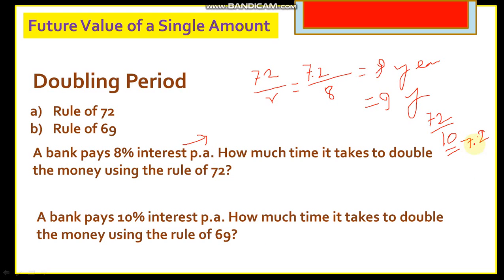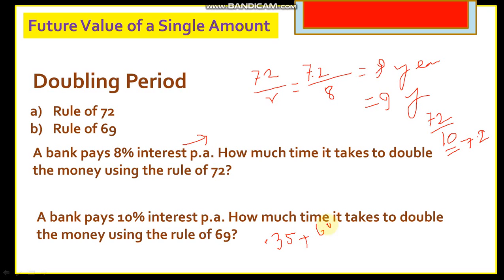So in the rule of 72, it says that it will take 7.2 as an approximation. The rule of 69 is like this: 0.35 plus 69 by interest rate.